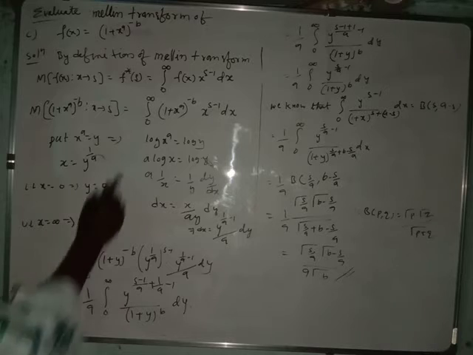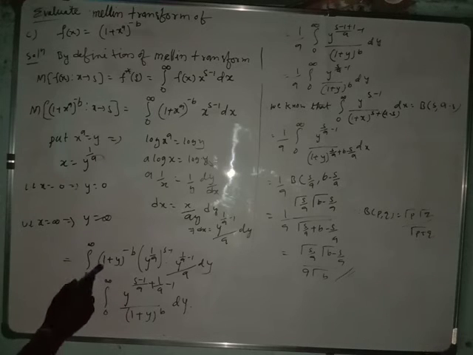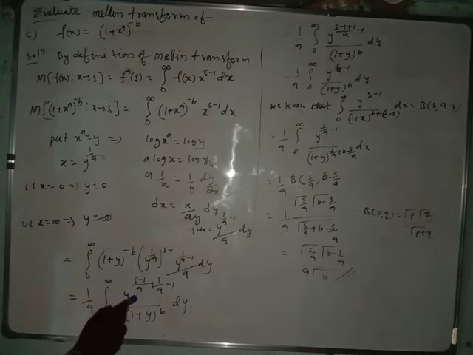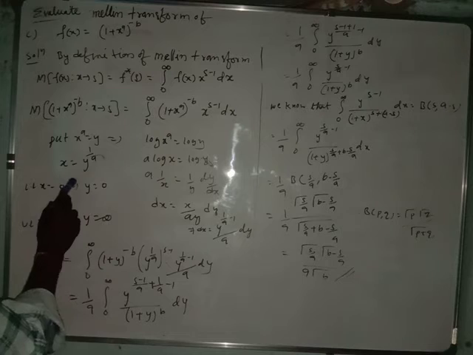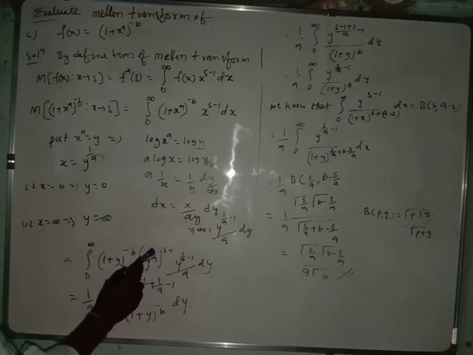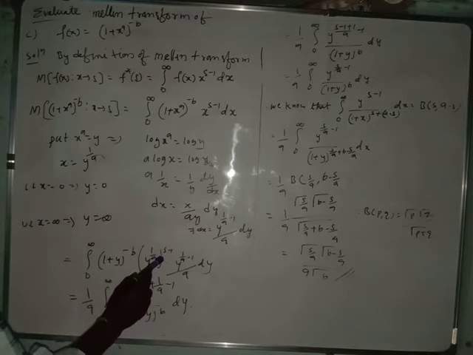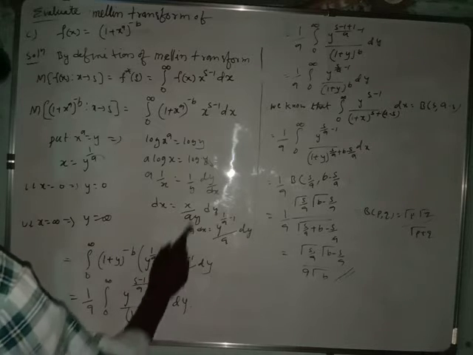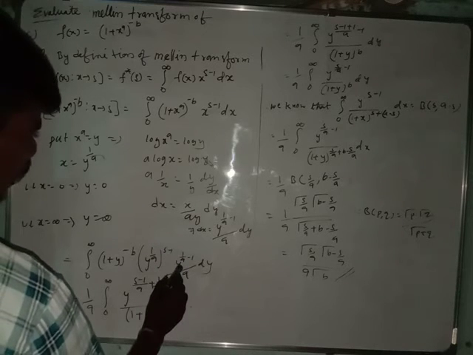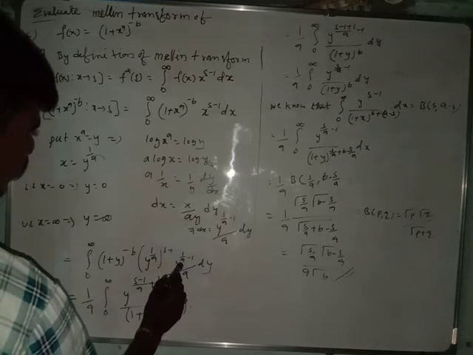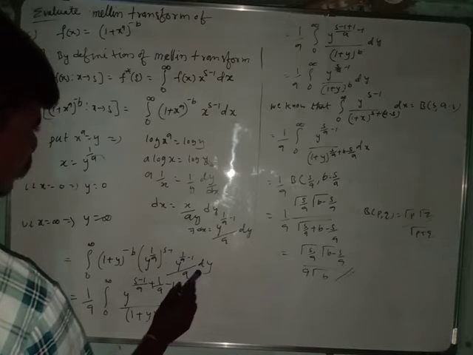the integral from 0 to infinity, where 1 plus x^a is 1 plus y whole power minus b. Here, what is the x value? x is y^(1 by a) whole power s minus 1, into dx, which is y^(1 by a minus 1) by a into dy.